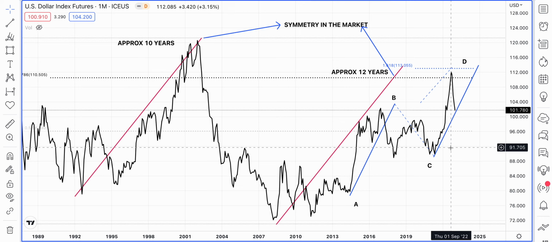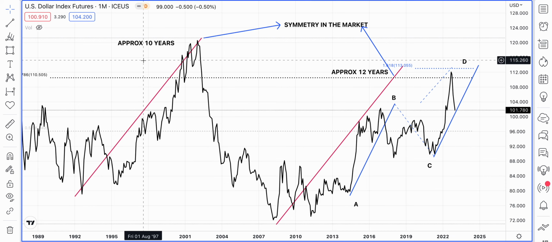We have already seen a really good rally in gold. We have seen a decent rally in copper. Of course there is the supply and demand side of things, but these commodities also get priced in US dollar terms. So if the dollar is weakening, then these commodity prices could rally, and perhaps this is what we are witnessing at the moment.